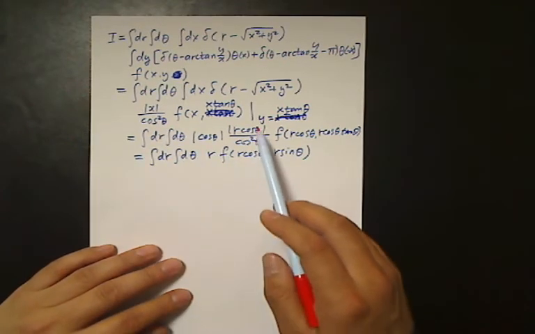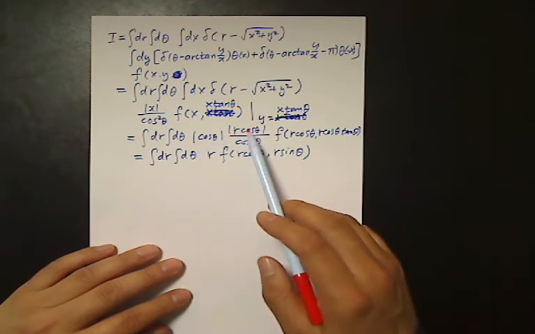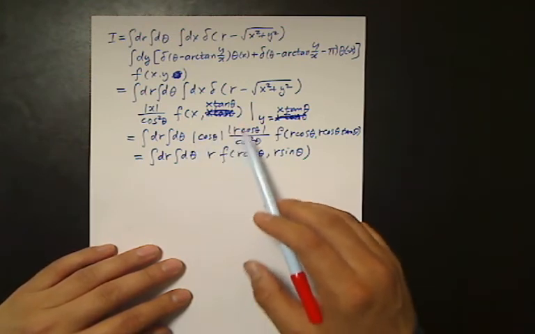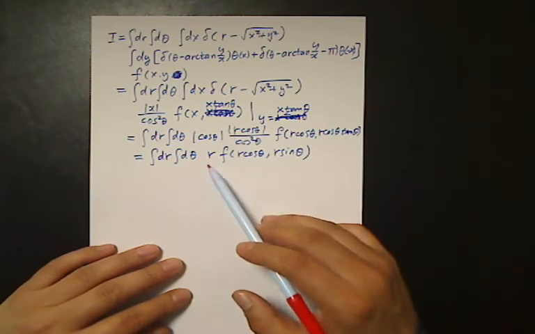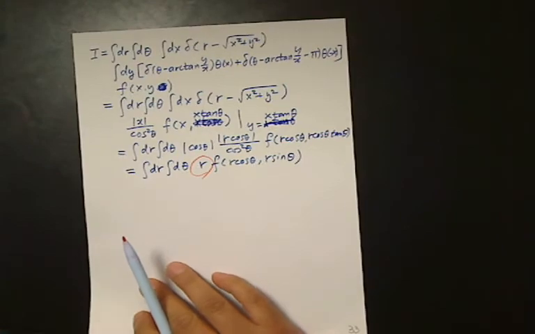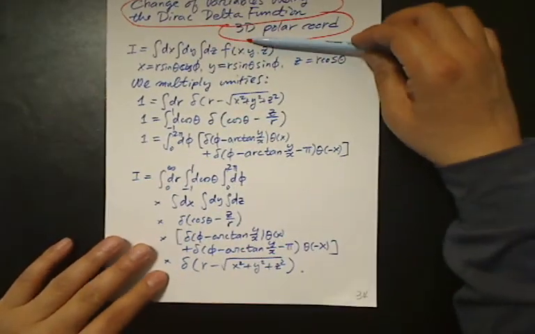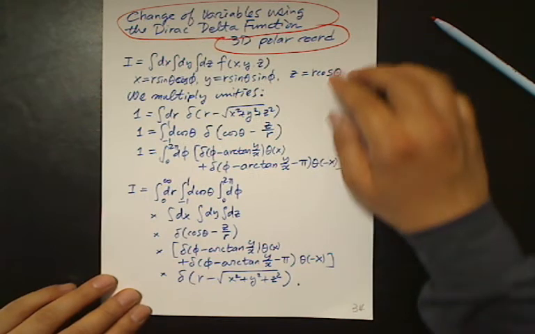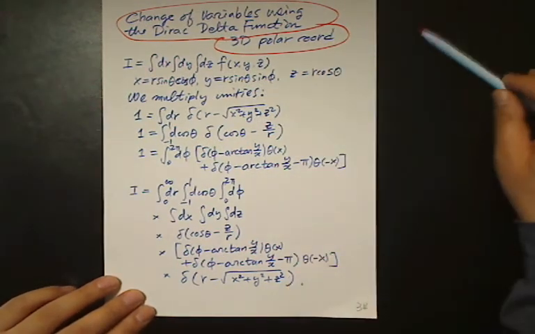The final result cancels cosine theta dependence and keeps the remaining piece, the r-dependent single factor. That is the Jacobian in the 2D polar coordinate system. We can generalize this method to the three-dimensional polar coordinate system, and the detailed calculation is given here.